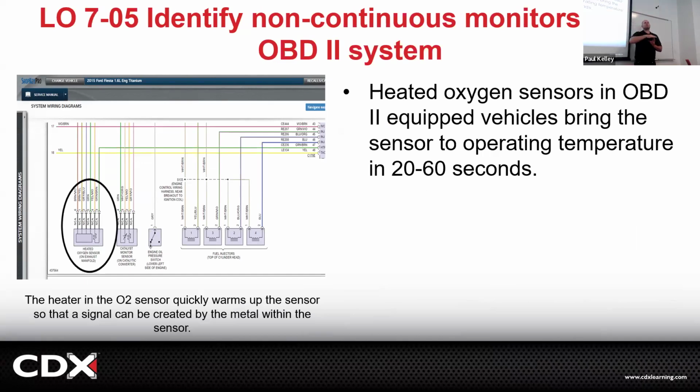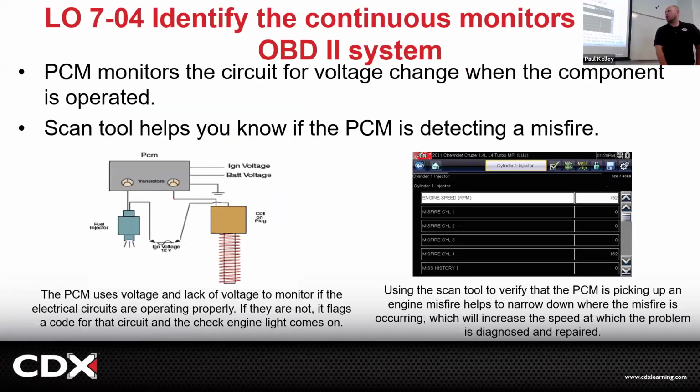If your crankshaft is speeding up on cylinder 1 when cylinder 1's firing, and then it's speeding up when cylinder 2 fires, and then it slows down when 3 fires, it'll say, why is it going slower when cylinder 3 is firing, and then number 4 fires and it speeds back up? It can see the change in speed and therefore determine it's cylinder number 3, right? So back right here, we were talking a whole lot about how it monitors the circuit, right? That's a circuit type DTC.